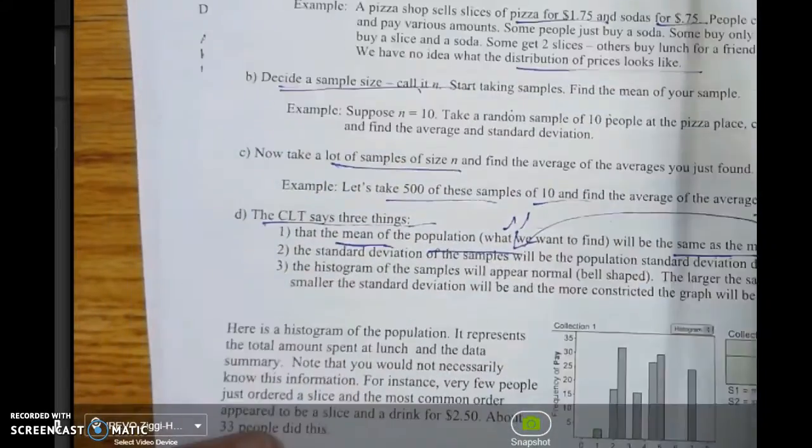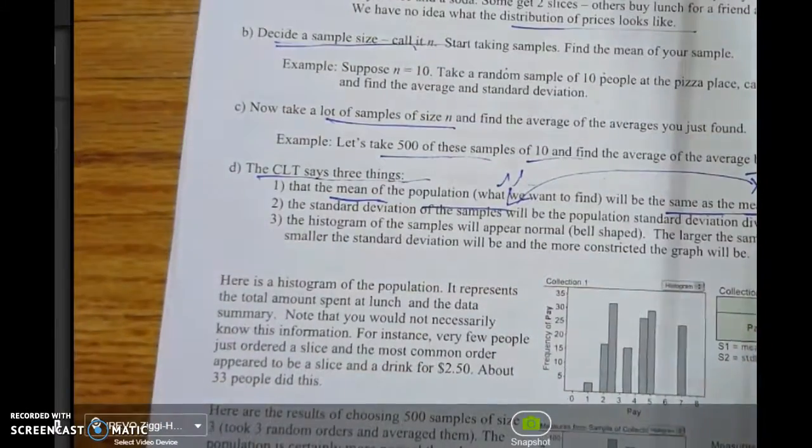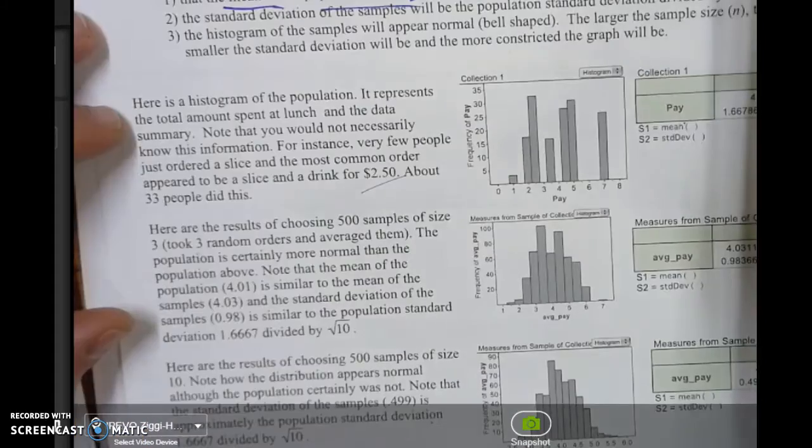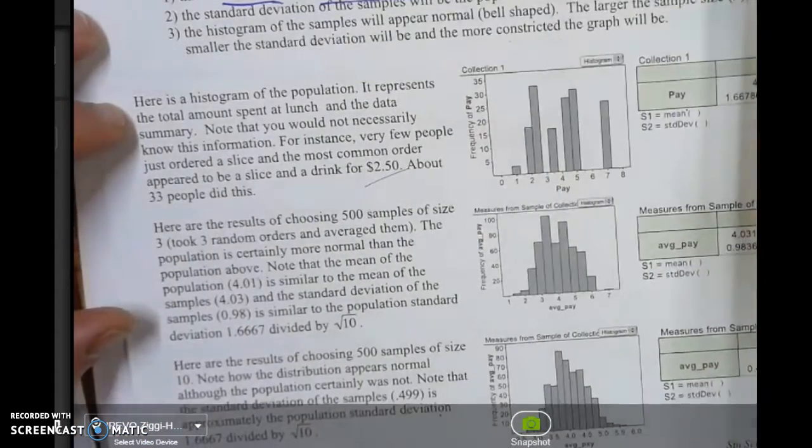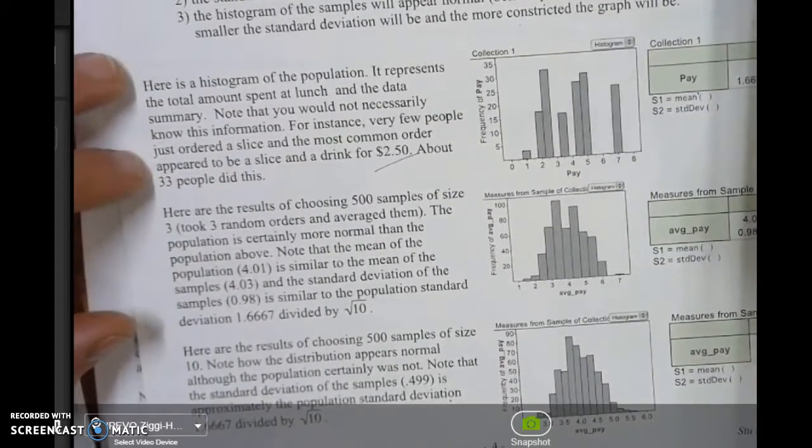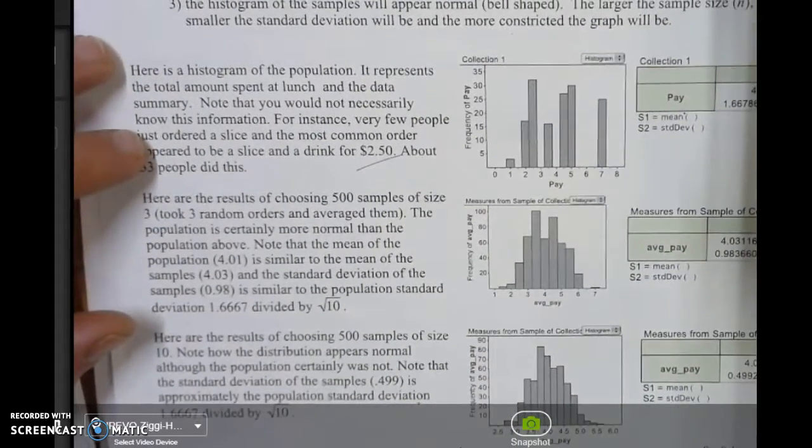That's what it tells us, and we can assume a normal approximation. So finishing this example from the pizza store, we want to find out what the average sale price is of a total order in this pizza restaurant.